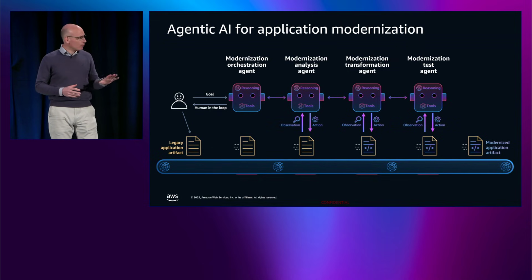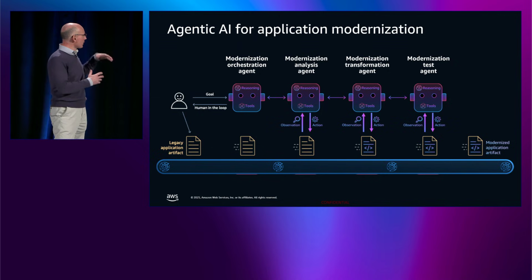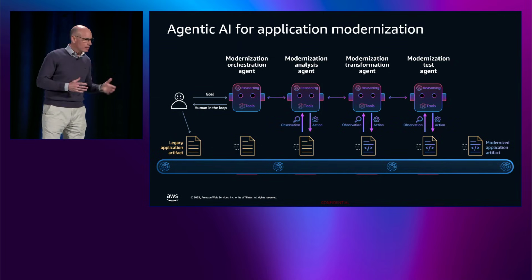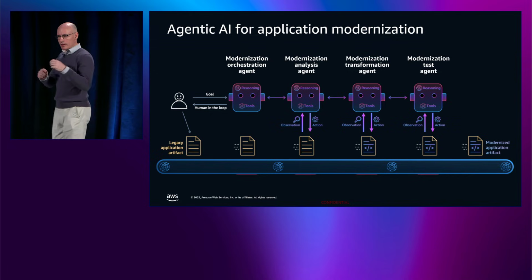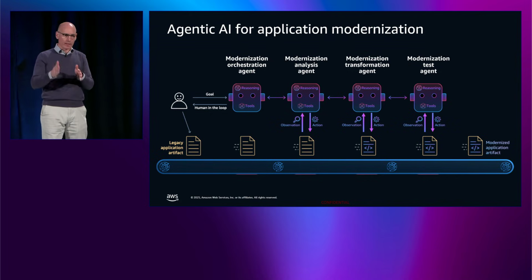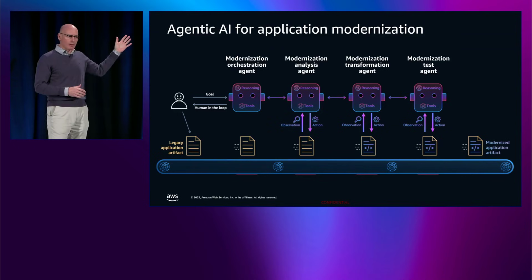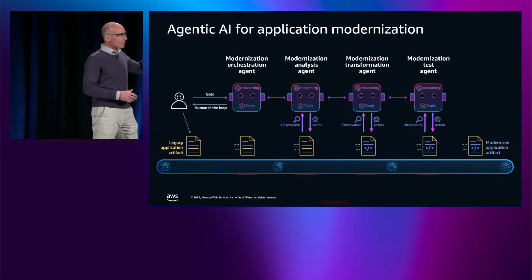So the way it would typically work, if you look at that diagram here, you would have a user that would talk with an orchestration layer, for example, an orchestration agent. The agent would understand the goal, decompose the goal into executable tasks, and then call the right agents to be able to achieve specific outcomes. That's a simplistic example where you can see one analysis agent, one transformation agent, one test agent.